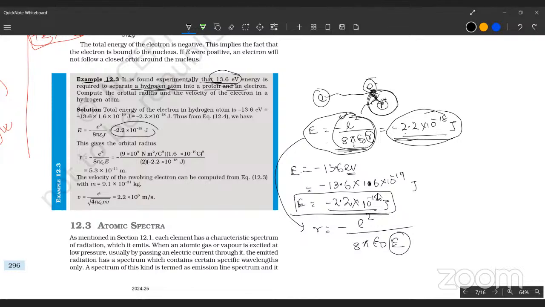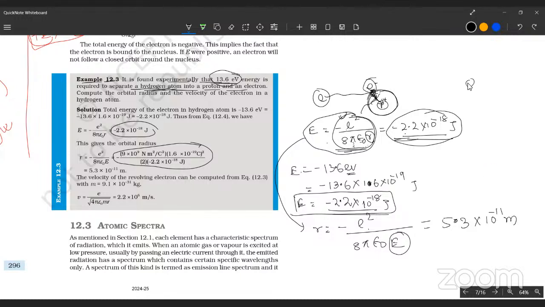So R equals minus e square by 8 pi epsilon naught E. If you put the value of energy here, and all the values, what will you get? You will be getting 5.3. You will multiply and check. You should get 5.3 into 10 to the power minus 11 meter.